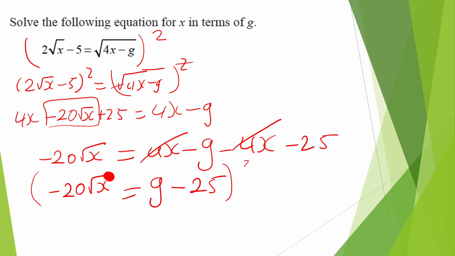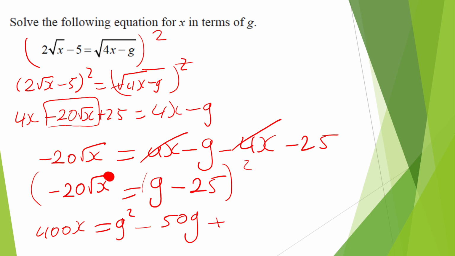So you square both sides, and this one will give me 20 squared is 400, so 400x equals (g minus 25) squared. Again, I'm using the shortcut, so square the first one, g squared, minus 50g plus 25 squared.